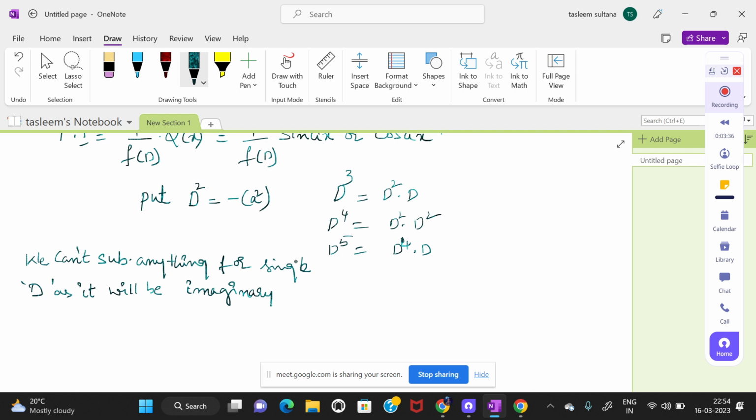Then what you're going to do is rationalize, which means you're going to multiply the numerator and denominator with conjugate factors. Conjugate factors means what?